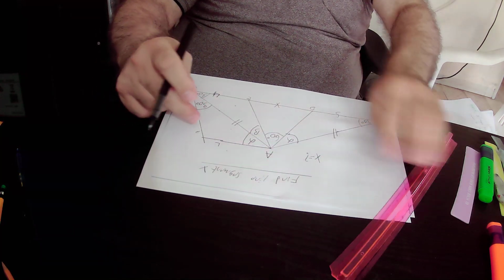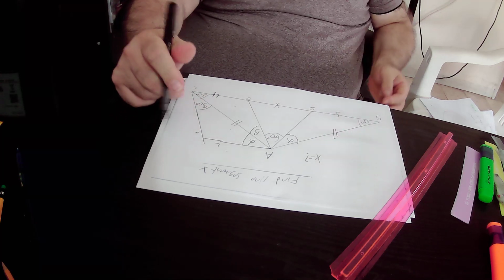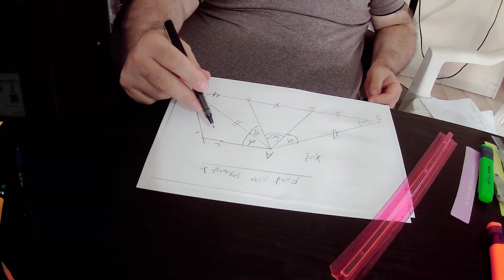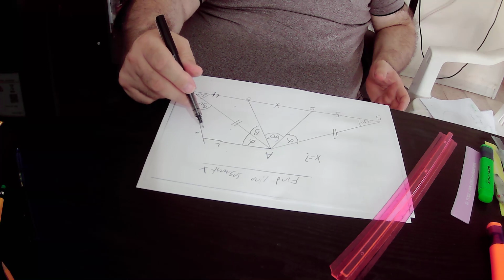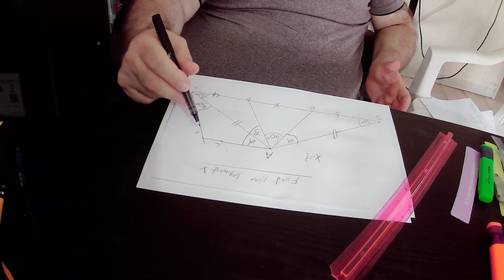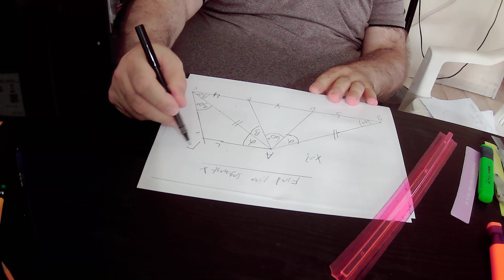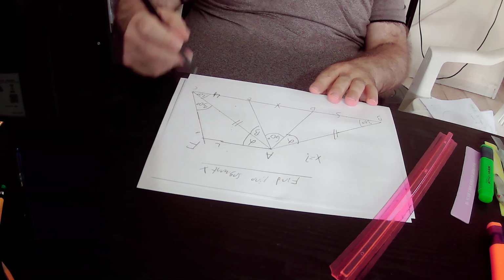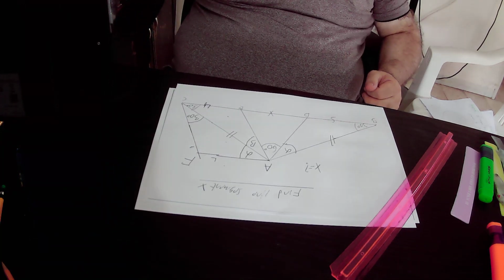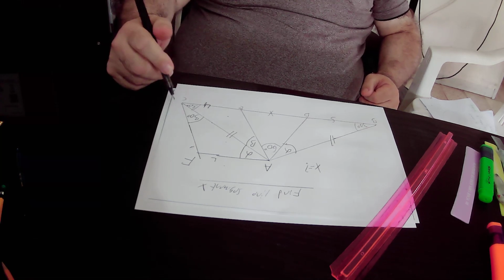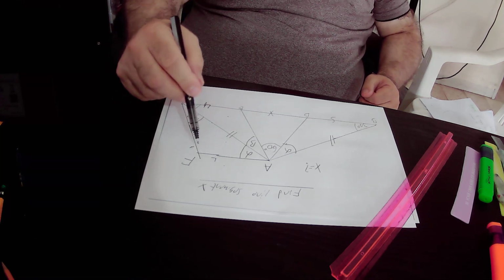And we'll define the intersection point between the two straight lines as point F. Okay, so actually we created here triangle AFC.